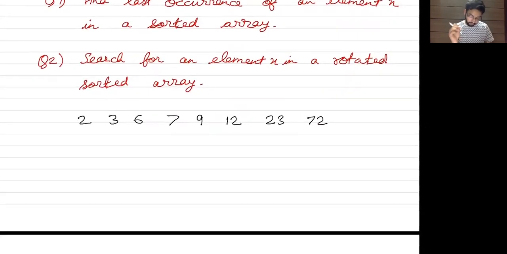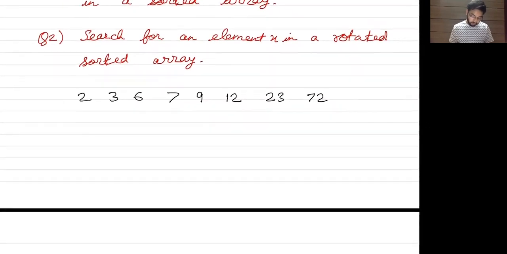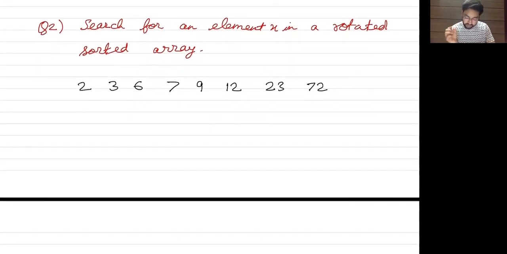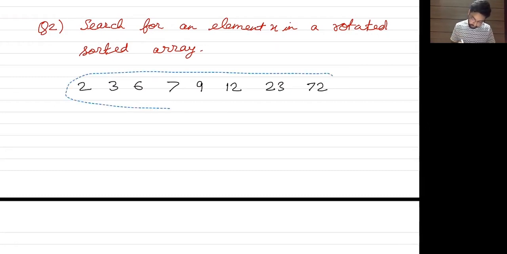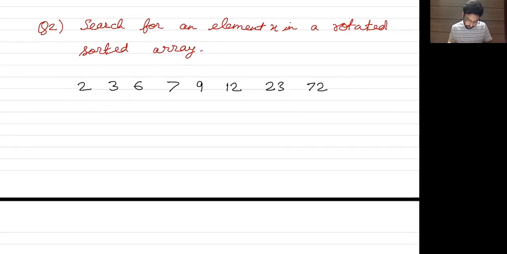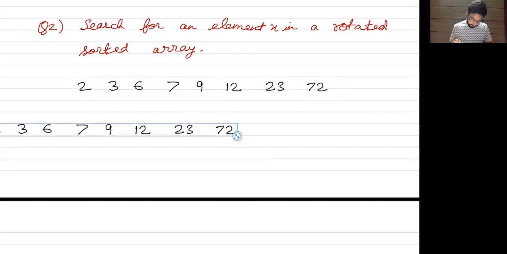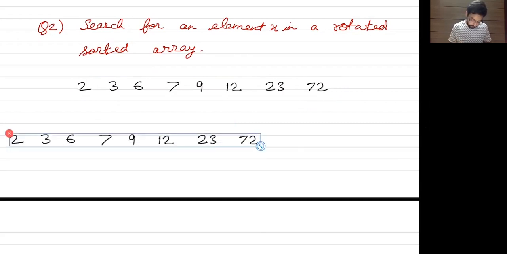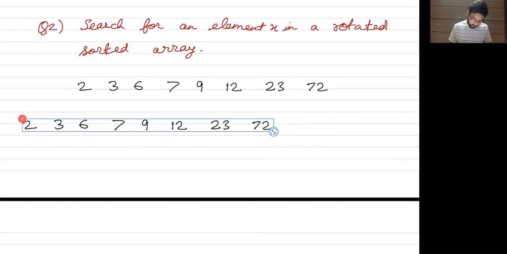All right, the next question is: search for an element x in a rotated sorted array. So for that, let's try to understand what a rotated sorted array is.